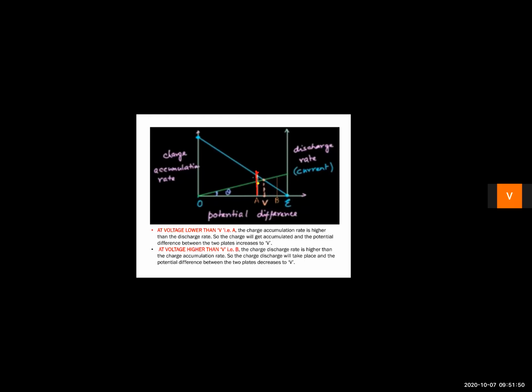Charge accumulation ka rate higher hai. Blue is higher as compared to yellow. So the charges will accumulate very fast at this voltage, that is lower than V.